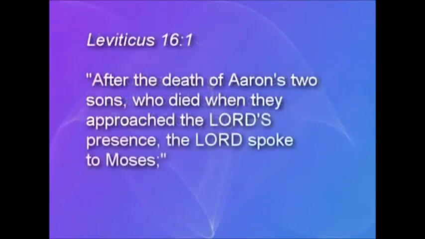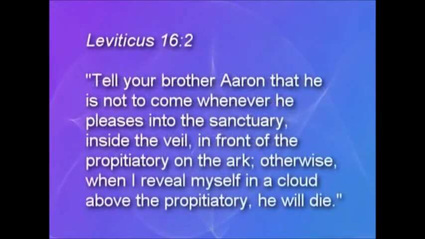There are chapters where the sons of Aaron get struck by the Ark of the Covenant and die, and Moses is called into the tabernacle and instructed to never let anybody go in there without permission, because the vortex of the Ark of the Covenant, if it is not dealt with appropriately, can kill.